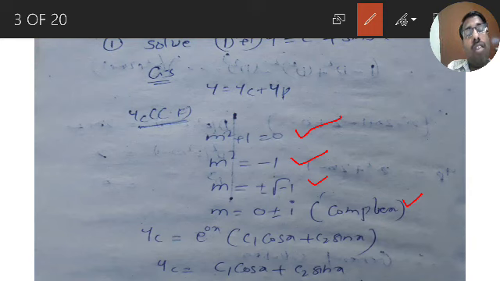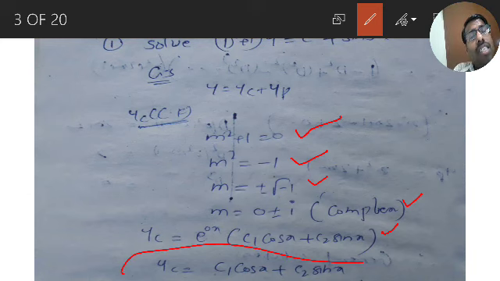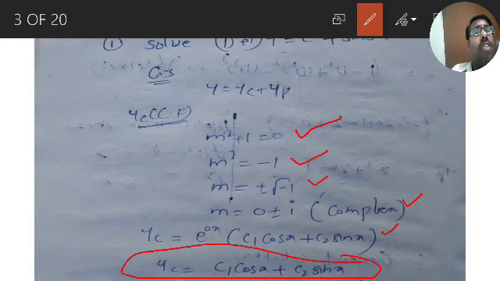Here alpha is 0 and beta is 1, therefore yc is e power of 0x into c1 cos x plus c2 sin x. E power of 0x is 1. So yc becomes c1 cos x plus c2 sin x.